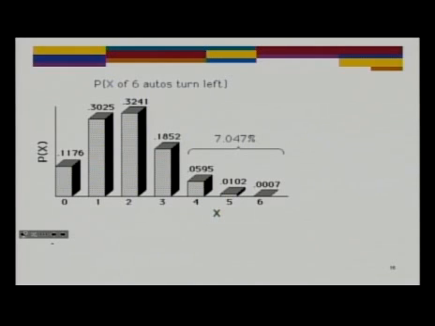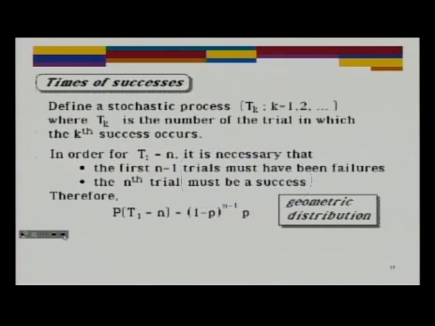So the answer is the summation of these 3 bars, which comes to 7.047%. That's the answer in our example. Any questions so far?